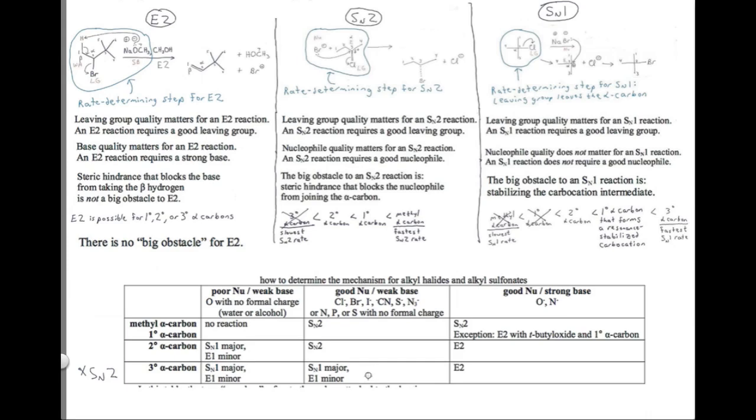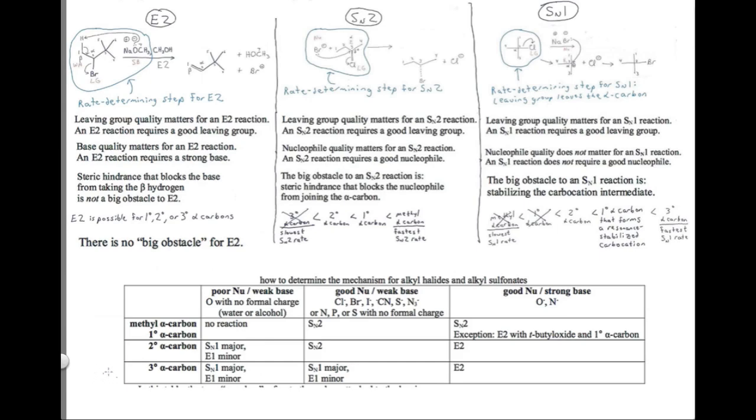Why not? Because we've learned that SN2 reactions are impossible for tertiary alpha carbons because tertiary alpha carbons have too much steric hindrance for SN2. The big obstacle to SN2 is steric hindrance. That helps us to understand the bottom row of this table.